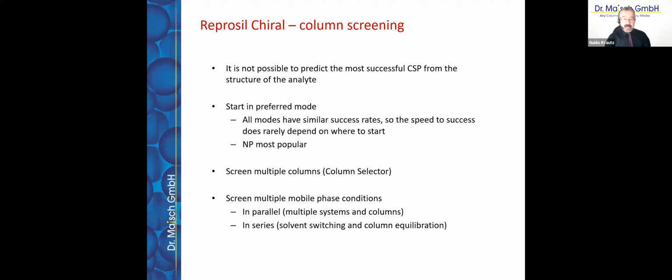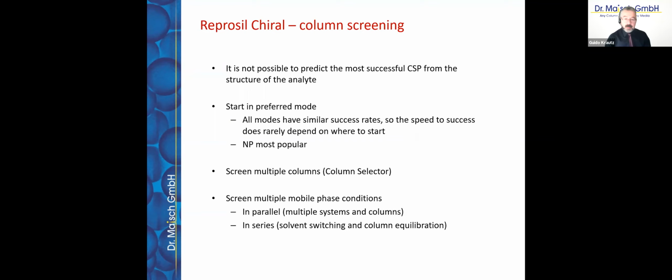You can start with any of the modes I have mentioned: reverse phase, normal phase, SFC, and polar organic, because at the end of the day, they all have similar success rates. Most people would start with normal phase because most people are most familiar with that, but you may also decide to start with reverse phase.